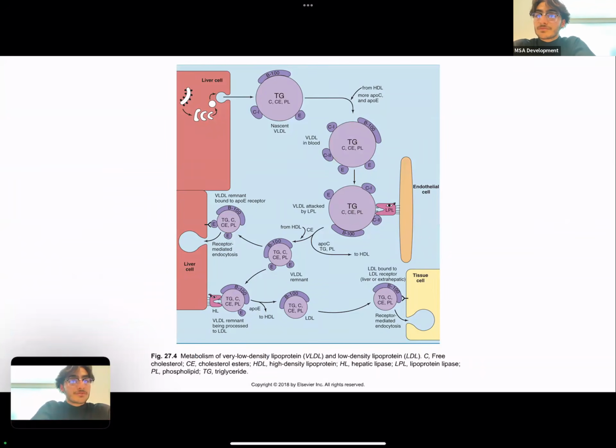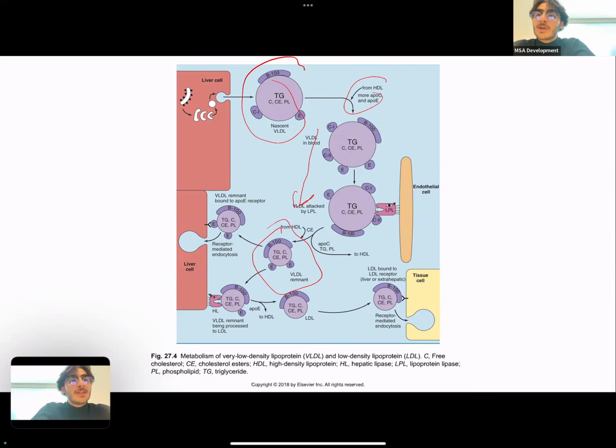So from the liver cell, we get the VLDL. And then, of course, it acquires the ApoCs and ApoEs from HDL. It would then go down to the bloodstream, start circulating, and start getting attacked by lipoprotein lipase. So then these ApoCs, the triglycerides, and all of these things would go back to HDL, and we'd get a VLDL remnant.